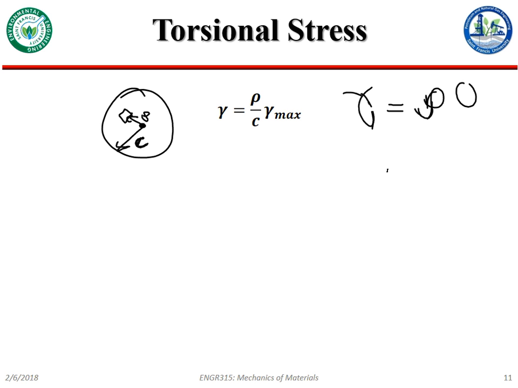If I wanted to find the maximum shear stress, it'd probably be on the surface, right? The larger the radial location is, the higher the shear strain would be, which should correspond to higher shear stress.